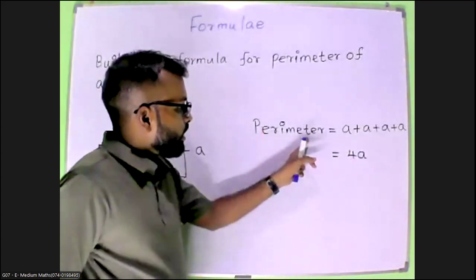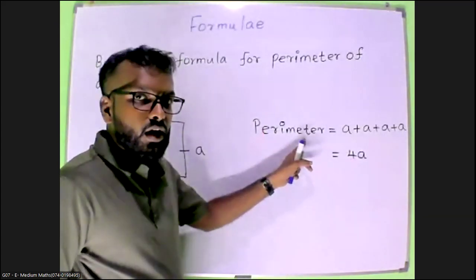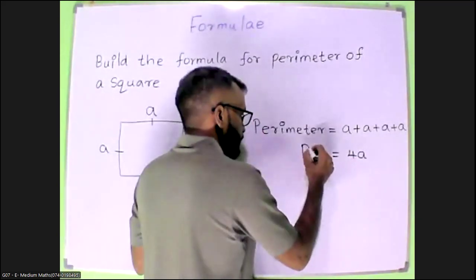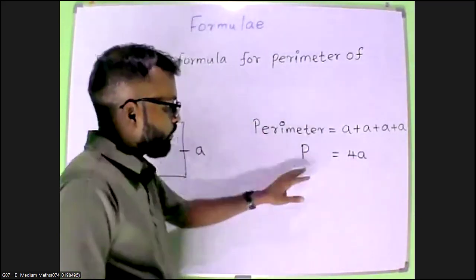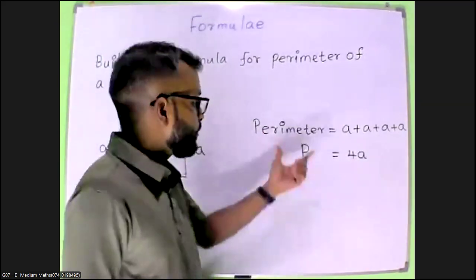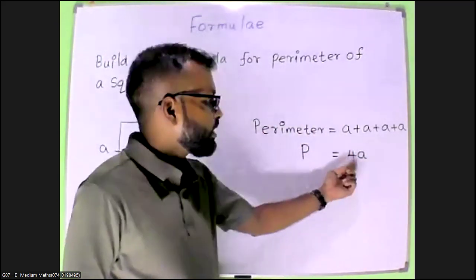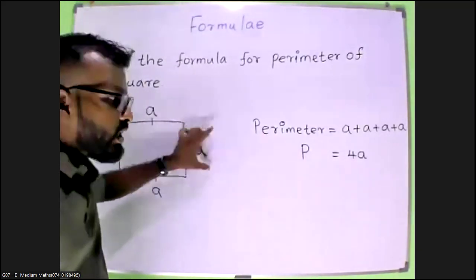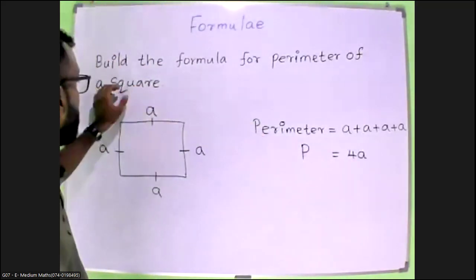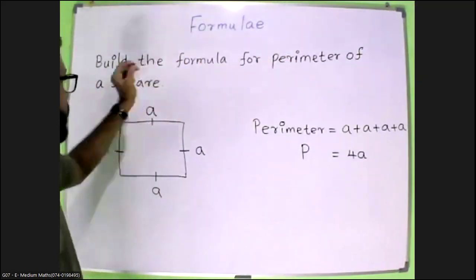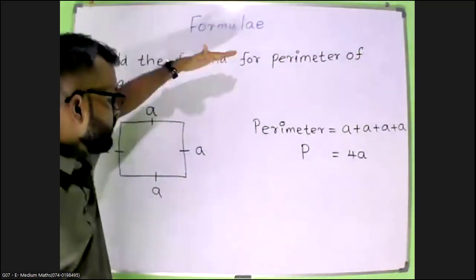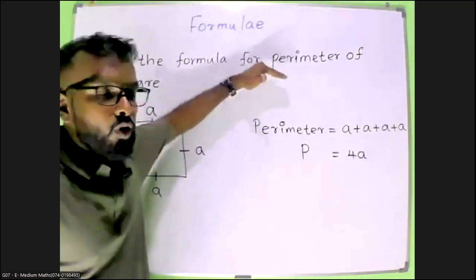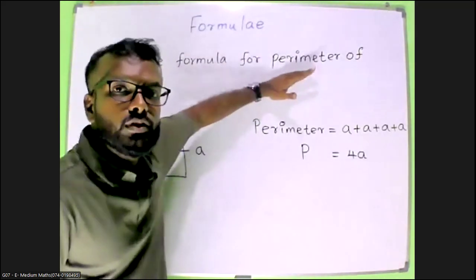Instead of perimeter, I will use P. So P equals 4A. Perimeter equals 4 times A. So you have to multiply the length of one side by 4 in order to find the perimeter of the square. This is how we build the formula for finding the perimeter of a square.